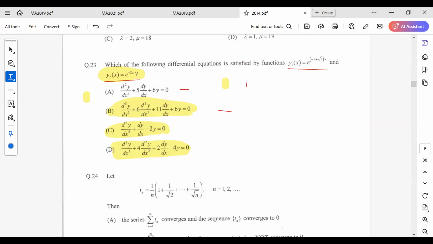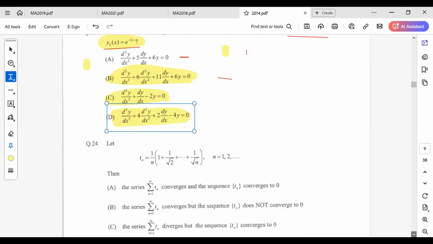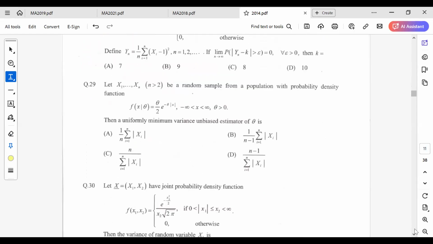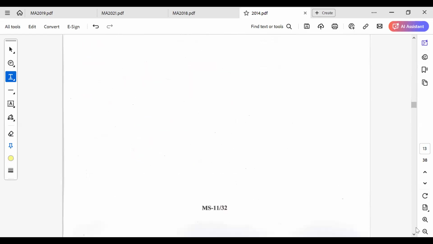So which one is the correct option? Which one is the correct option? D part. D part. One sec. Let me take another problem.